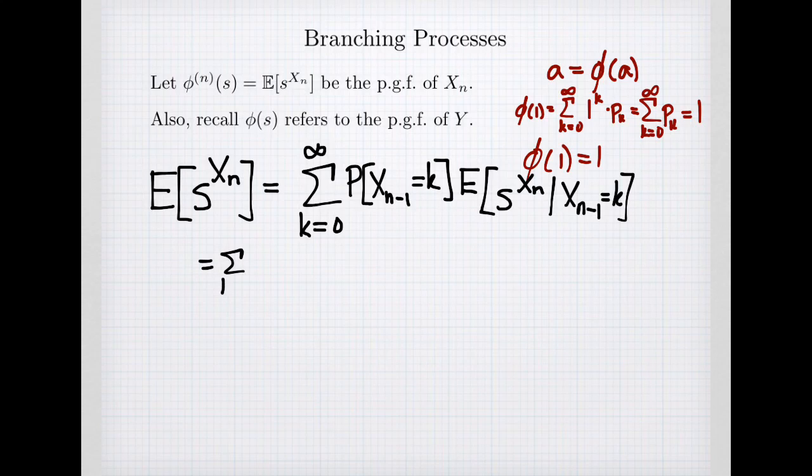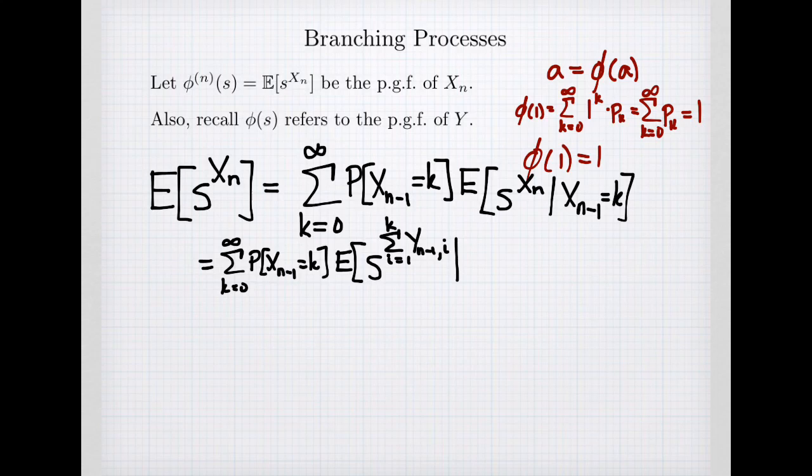The sum k goes from 0 to infinity of the probability xn minus 1 equals k times the expected value of s raised to a summation going through all of the individuals in that previous generation, and we want to know how many offspring they had.